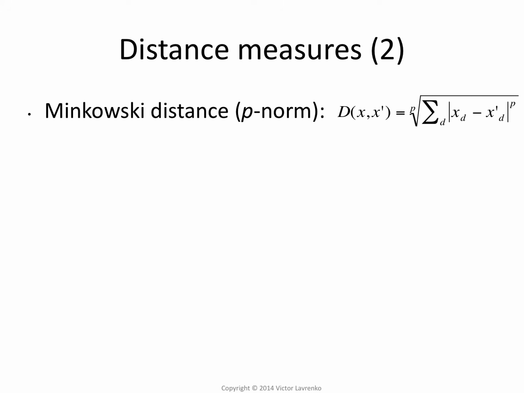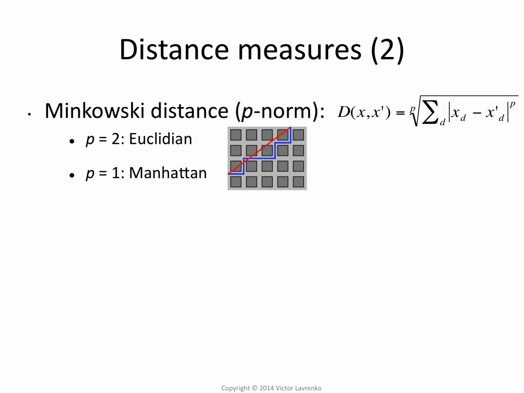And then as you vary the p, you will get a whole family of different distance functions that have very different behaviors. So if you set p to 2, of course you get back your good friend Euclidean. If you set p equal to 1, you get Manhattan distance, the block distance, which instead of taking sort of the straight line between the 2 points, it adds up the x components and the y components independently.